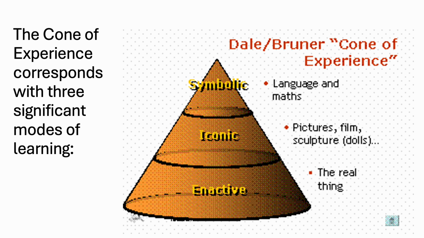So here we have three modes of learning. The real thing happens in enactive; pictures, films, sculptures, or somehow dolls happen in iconic; and language and math happen in symbolic.